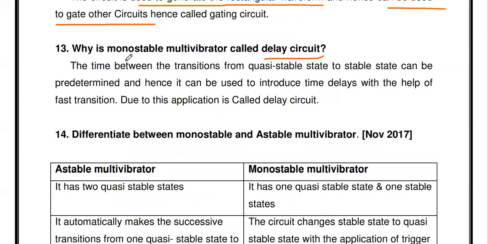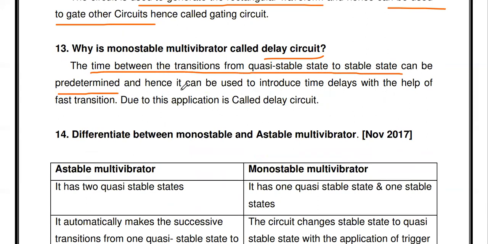Then the next question: why is monostable called a delay circuit? The time for the transition from the quasi-stable state to the stable state can be predetermined, hence it can be used to introduce a time delay. So that's why this is called a delay circuit.